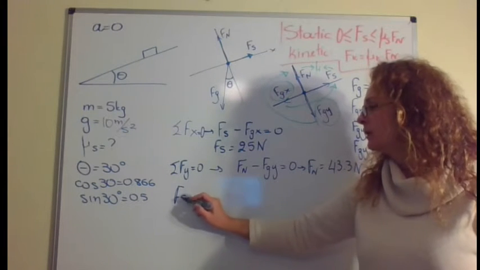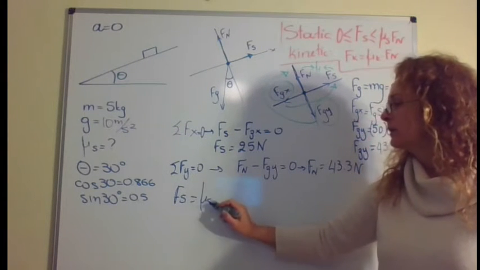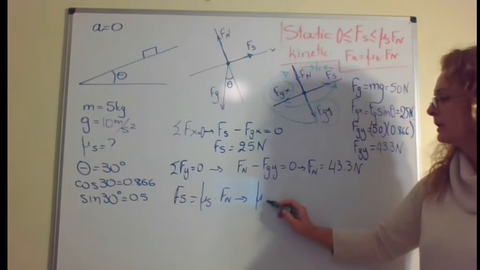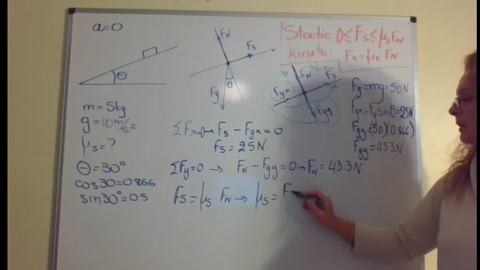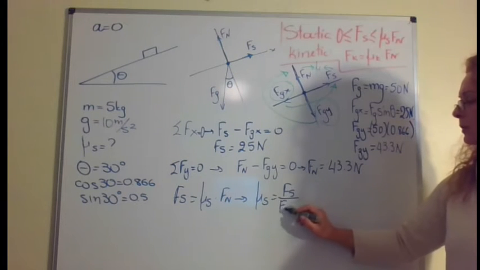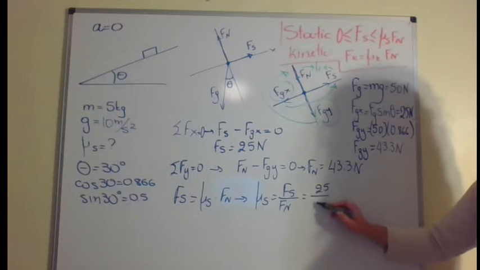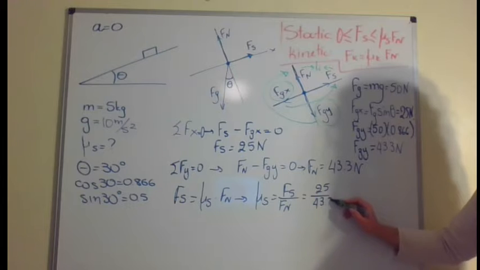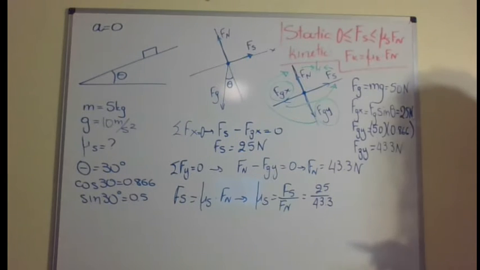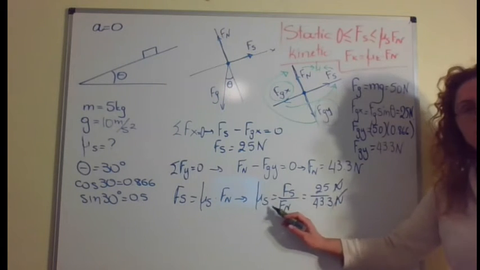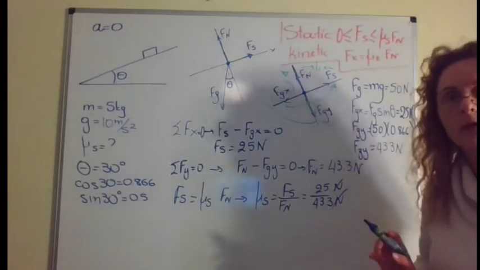Static friction equals the coefficient times the normal force, or else the coefficient is static over normal force, which is 25 over 43.3. And of course, just because they're both newtons, the coefficient of friction is just a number. It doesn't have any units.